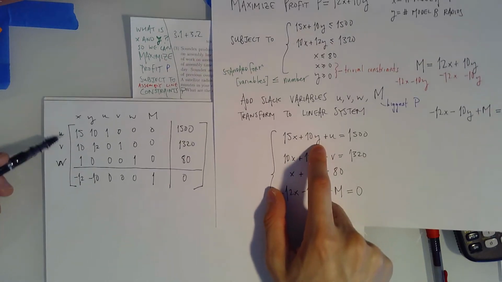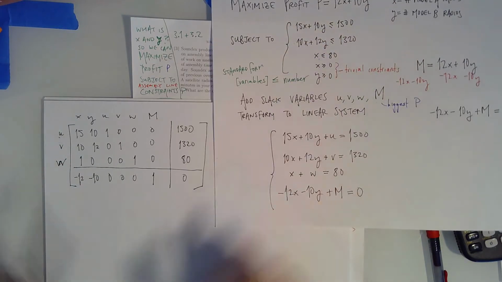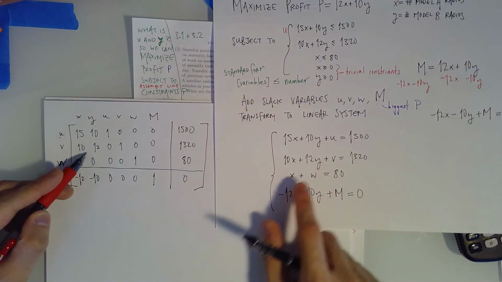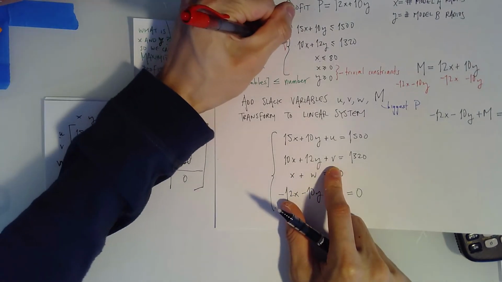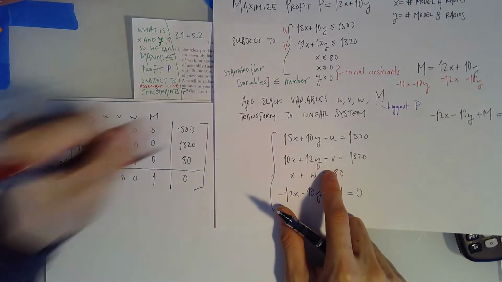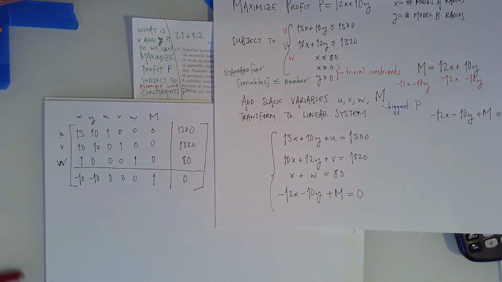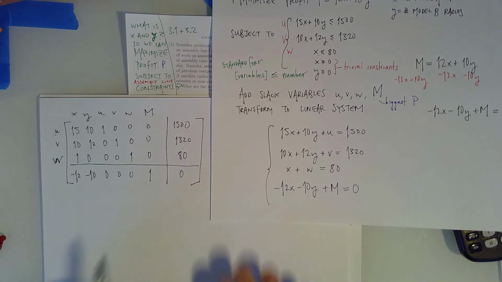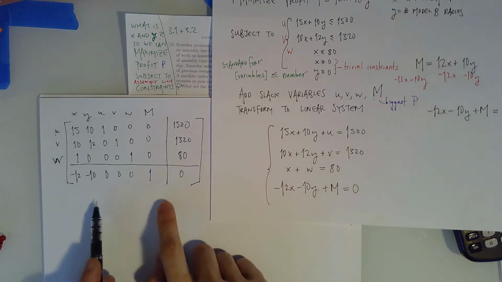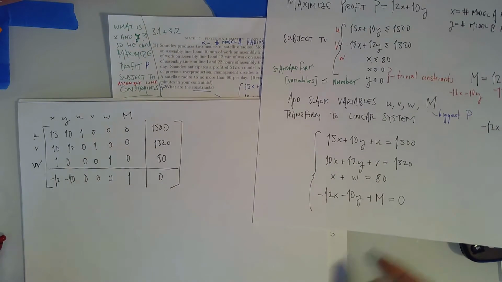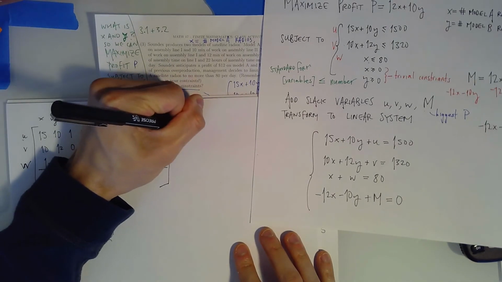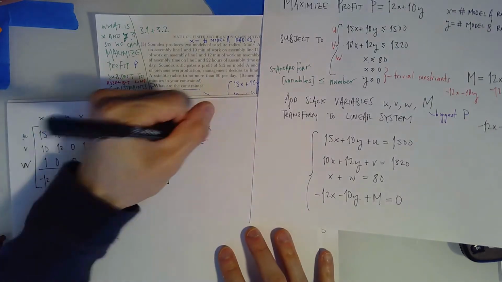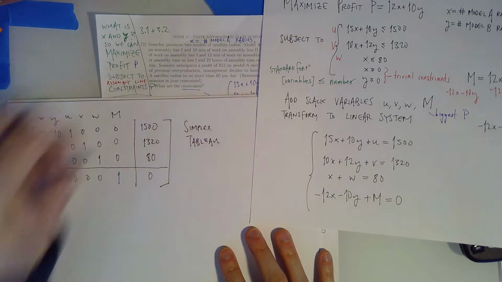The first constraint was this, and we added a U to it. The second one, we've added a V to it, and then the third one, we added a W. So take a second, make sure this is okay. This is the simplex tableau.